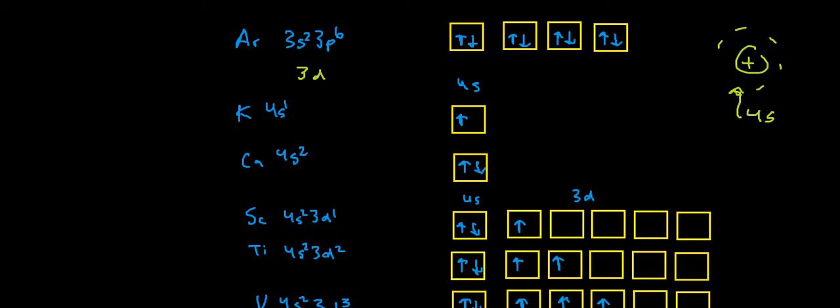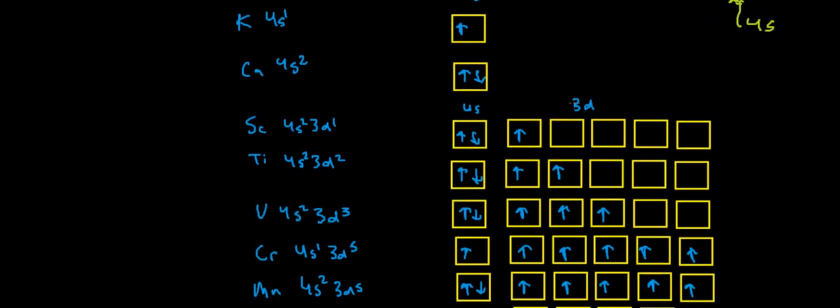So I start on scandium, and right now I'm only just going to be talking about the outer electrons. I don't really care about the core electrons. So I start with scandium. It's going to proceed normally, but there are going to be a couple of things that happen here that one would not expect. So we'll just go through it. Scandium, it's normal. I just start adding into the d orbital, 4s2, 3d1.